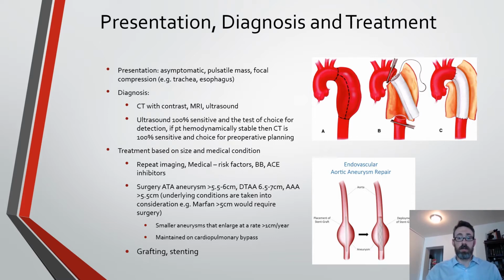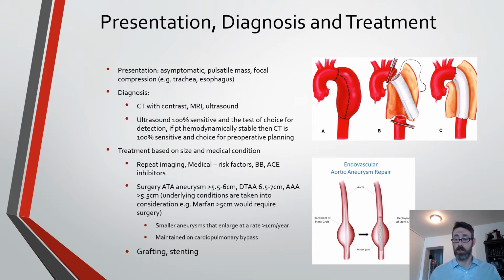Diagnosis is usually done with imaging like CT with contrast, MRI, or ultrasound. In terms of ultrasound versus CT, they're both nearly 100% sensitive, and ultrasound is probably the test of choice for detection. For example, if on physical exam you feel a pulsatile mass in the abdomen, you can get an ultrasound at that point to examine it further.